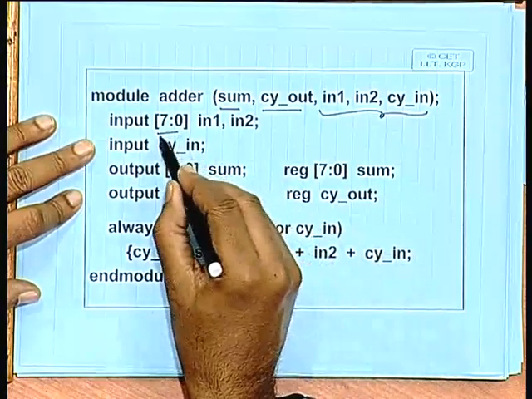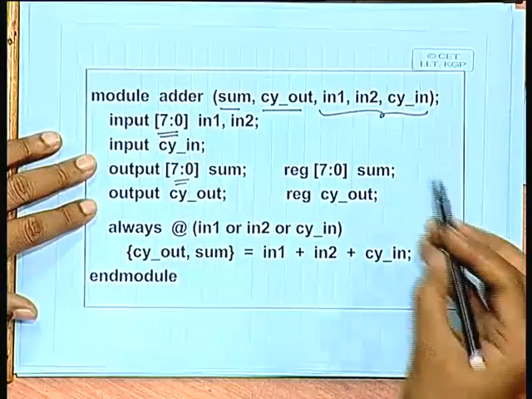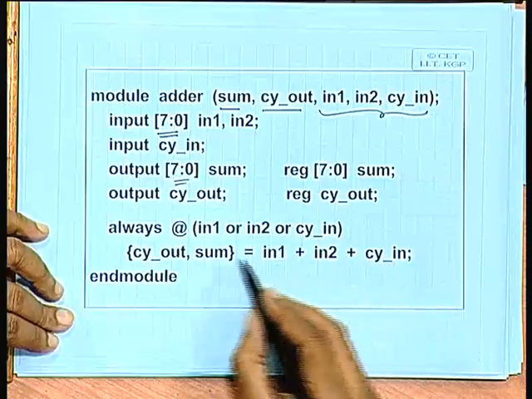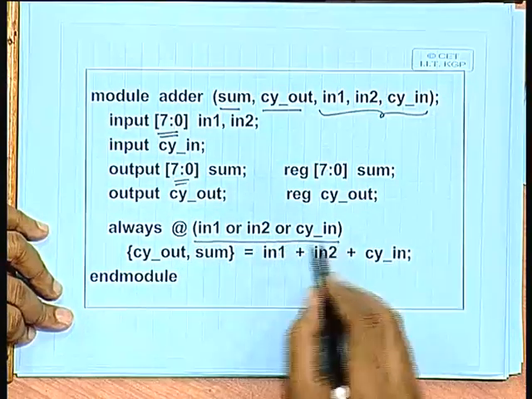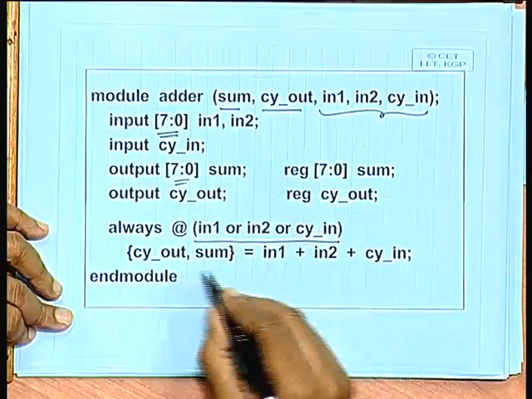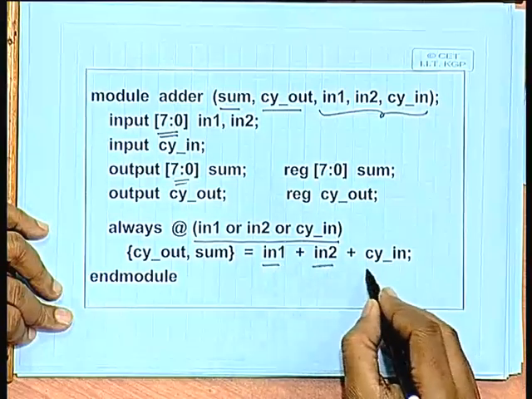Now, the inputs are 8-bit quantities, sum is also an 8-bit quantity, carry in and carry out are there. Sum and carry out are declared as registers. Now, here whenever one of the inputs changes, we are computing this. So, this is a behavior level description you are giving at a higher level, in1 plus in2 plus carry in.